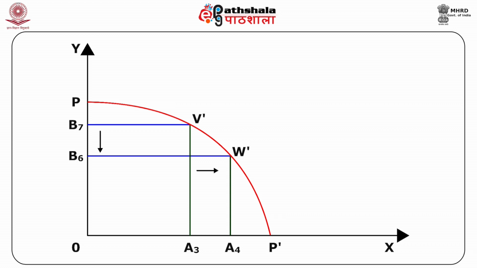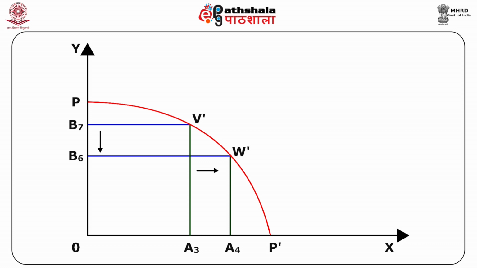It is going outwards, that is, it is concave to the origin. And if we extend this logic upwards from B7 on the y-axis, then it would become flatter and flatter as we approach the point of intersection P, which lies on the y-axis.